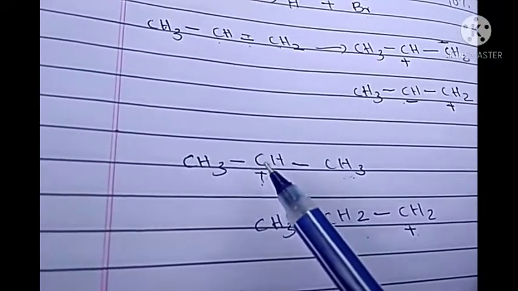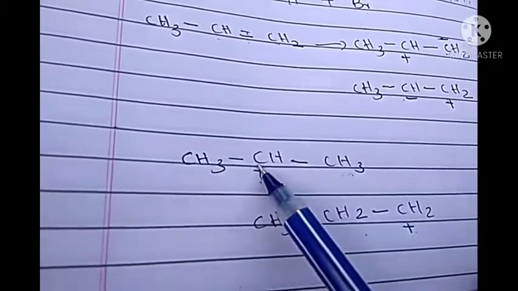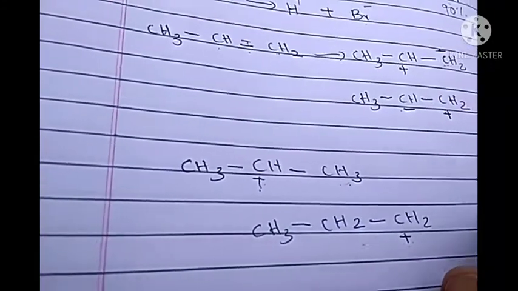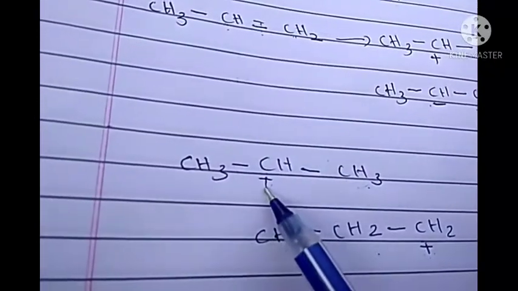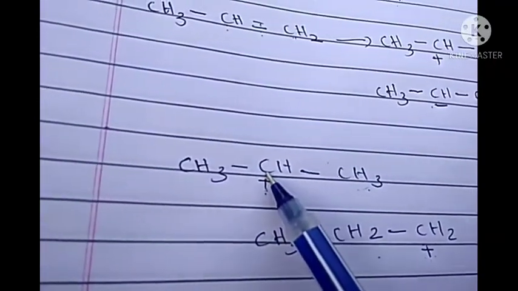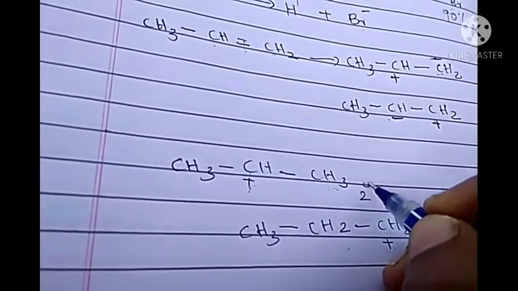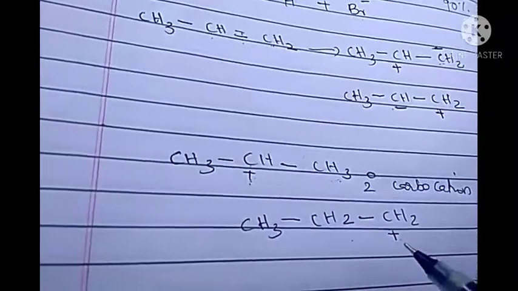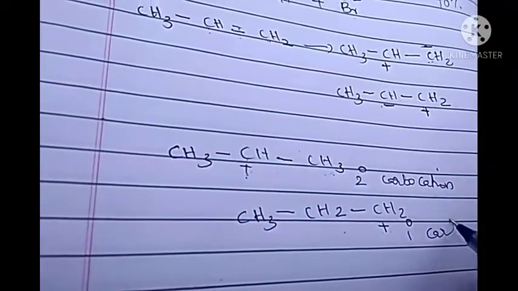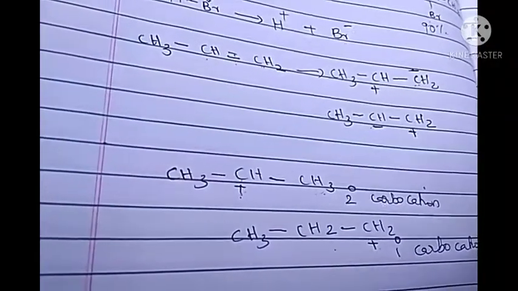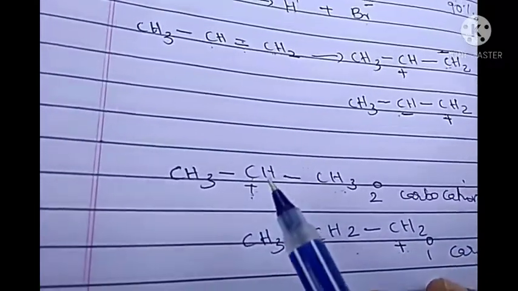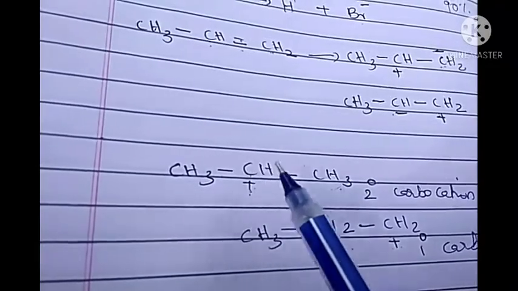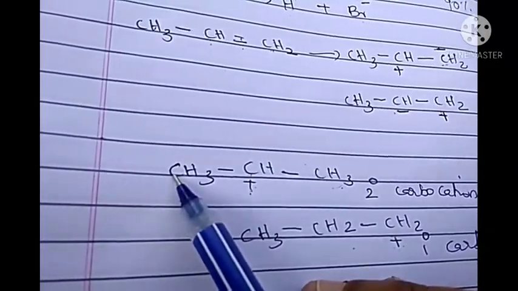In the first one, the positive charge is present on the second carbon, and here the positive charge is present on the first carbon. The carbocation in which the positive charge is present on the second carbon is known as a secondary carbocation, and this one is known as a primary carbocation. It is because the carbon with the positive charge in the first is attached to two other carbon atoms.